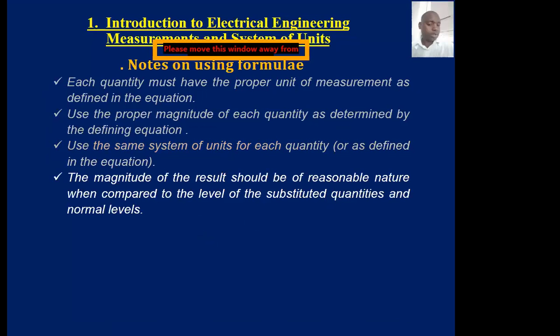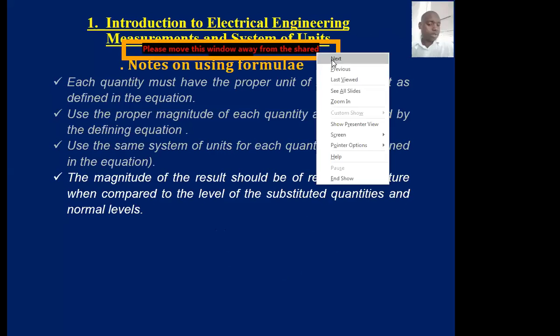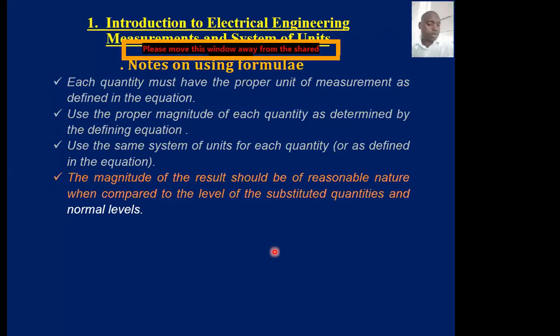Then the magnitude of the result should be of a reasonable nature when compared to the level of the substituted quantities and normal levels. So what we are saying is there's a certain time when you make a calculation, and what comes out will show you whether the units used were correct or wrong, right? So sometimes when you use the wrong unit, then you also will get a wrong outcome from that, right?